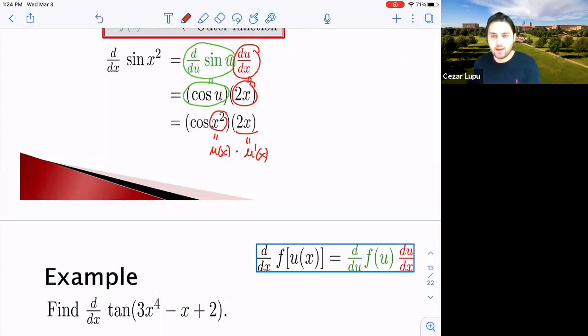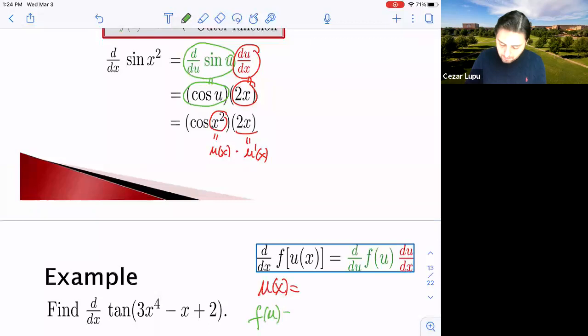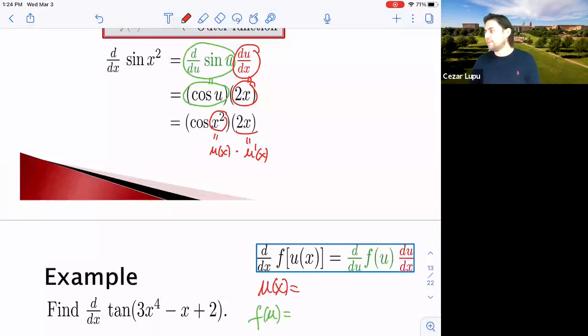So again, let's identify who is the inner and who is the outer function. So let's see, u of x and f of u. First, let's go with u of x. Or maybe there are 3 of them, who knows? In fact, let me be more specific here.